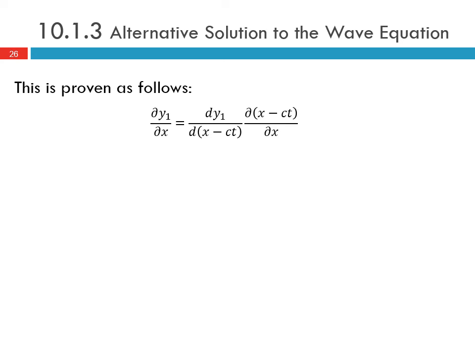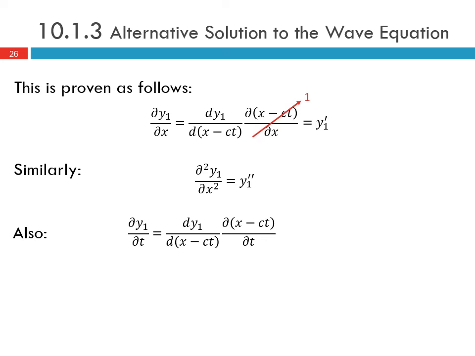So ∂y1/∂x is equal to the total derivative dy1/d(x minus ct) times ∂(x minus ct)/∂x. Now ∂(x minus ct)/∂x is just equal to 1. So this is equal to the total derivative y1 prime. Similarly, ∂²y1/∂x² is, again, basically just taking the derivative of that expression, which is y1 double prime.